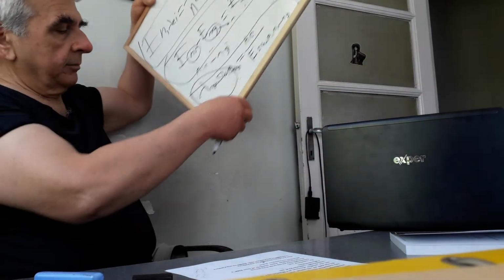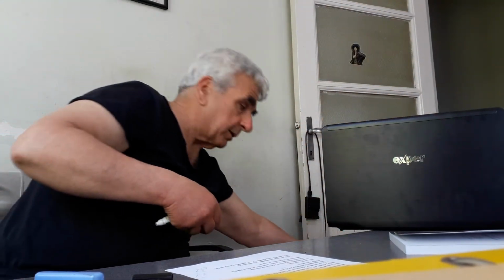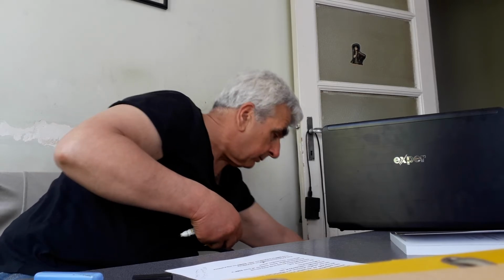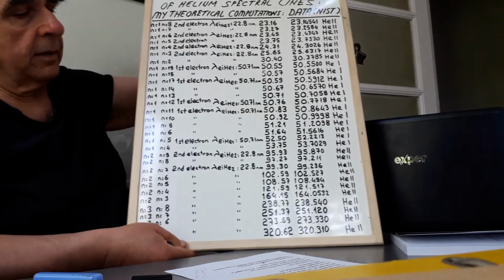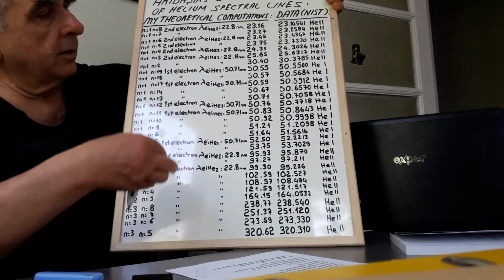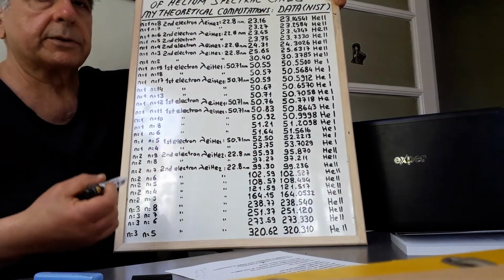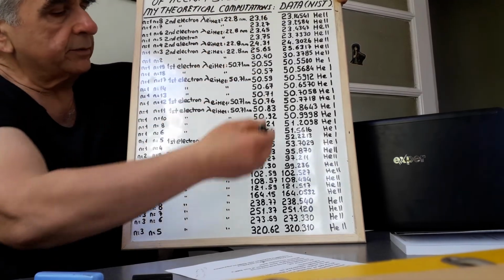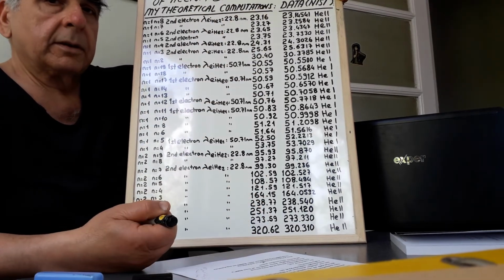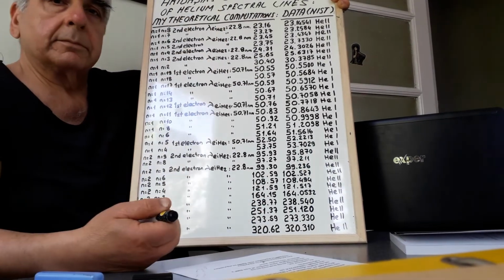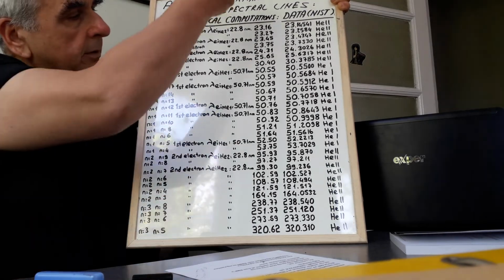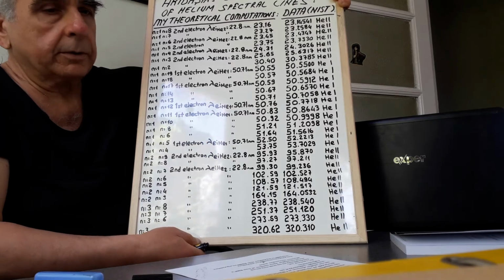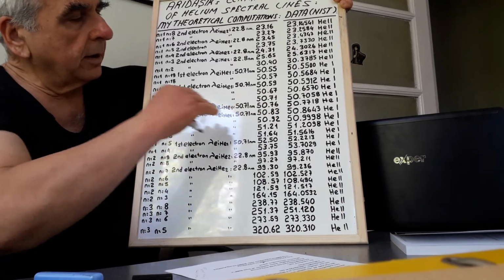Then I have predicted wholly and certainly these results for helium multi-electron atom. Almost wholly I have finished it.